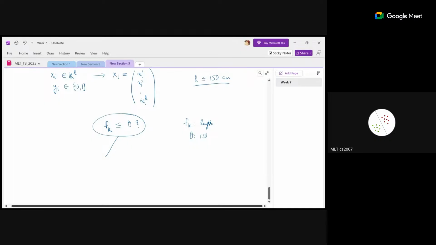Okay, and if I am given an x test, which looks like height, width, and length, suppose this is 120, 180, 160. If I'm passing this x test to this question, should it come as yes or no? fk is length, okay?